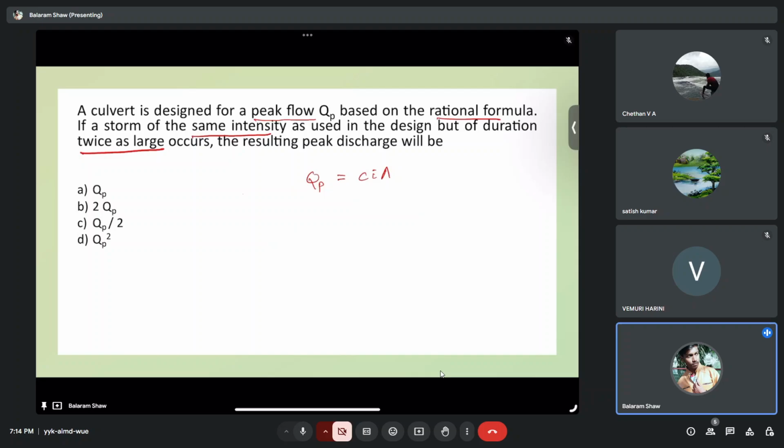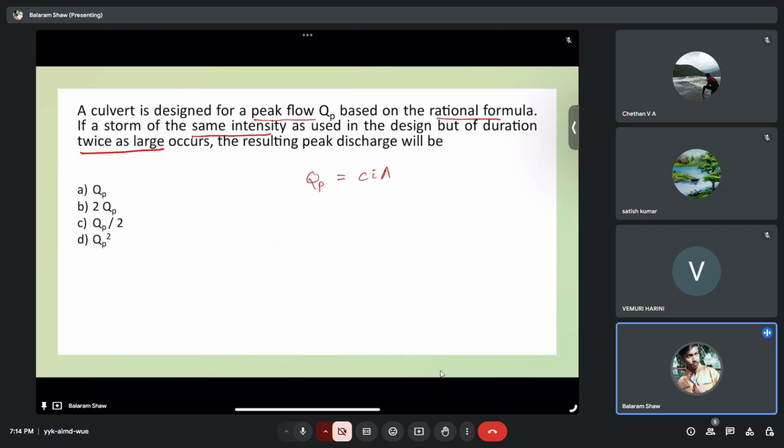Okay, so flood frequency analysis, mostly we have dealt with this kind of thing in the earlier lectures. But just to remind you, we get some event xt as x bar plus k into sigma. Now this k is the frequency factor whose equation will differ based on what kind of probability distribution you are considering.